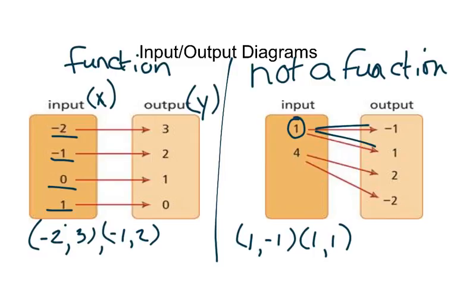When I look at it, here's what I'm looking for, the X value. There cannot be 2 of the same inputs or 2 of the same X value. If there are 2 of those that go with 2 different outputs, then it means it is not a function. So each one of these went with its own output, but over here we had an input that went with two different outputs. That means it's not a function.